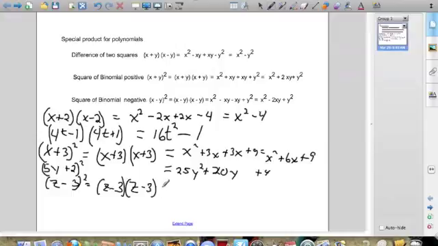Now let's FOIL this and I get z squared minus 3z minus 3z plus 9, because negative 3 times negative 3 is 9. Now let's put this together and end up with z squared minus 6z plus 9.